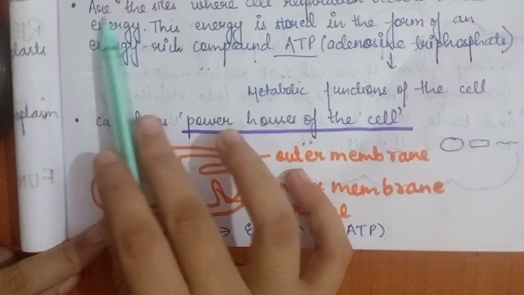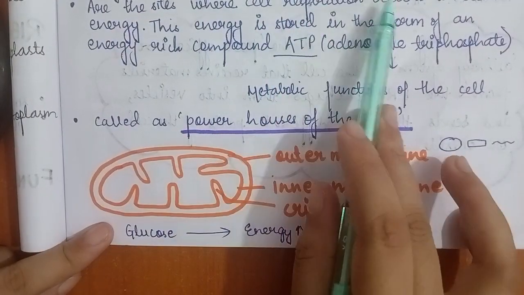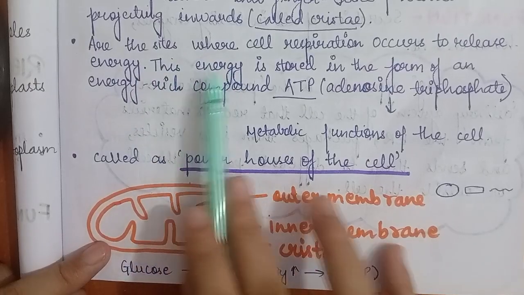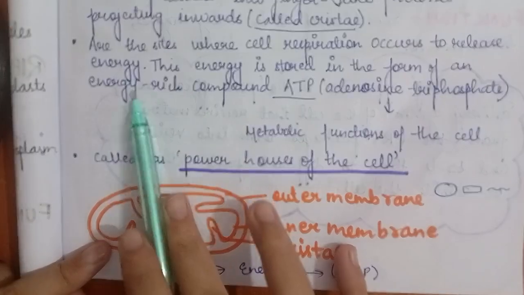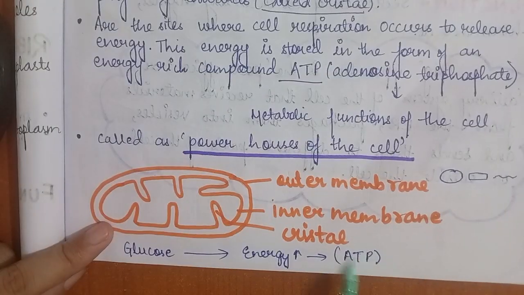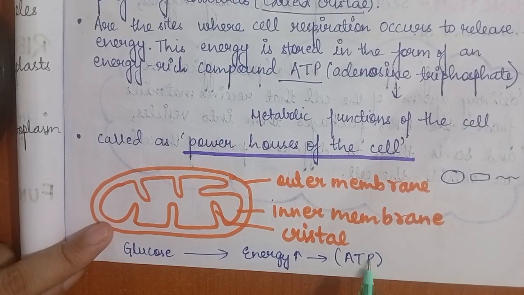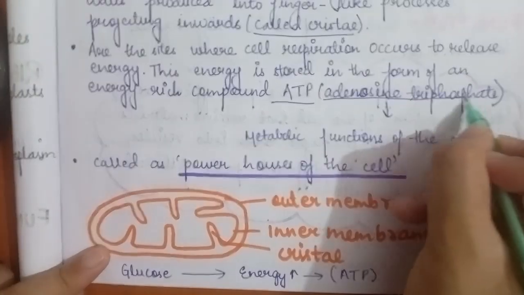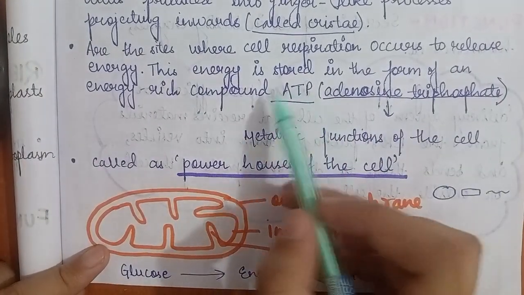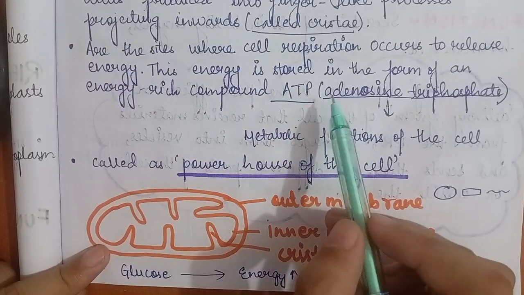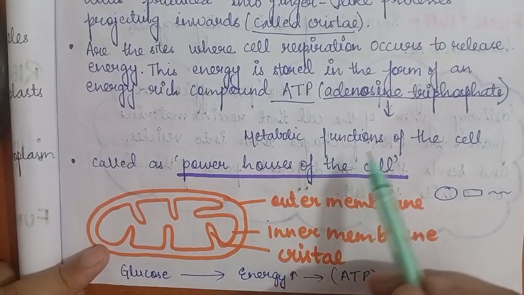So these are the sites where cell respiration occurs to release energy. This released energy is stored in the form of an energy rich compound, which is ATP, and the full form is adenosine triphosphate. What is the role of this ATP? ATP is used to do various kinds of activities inside our body.